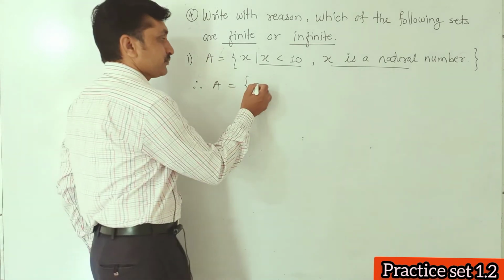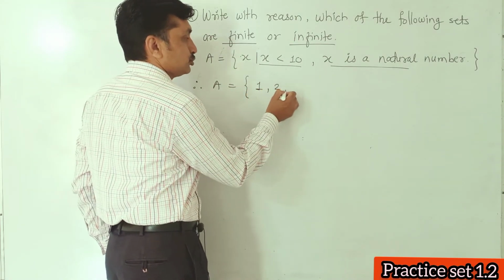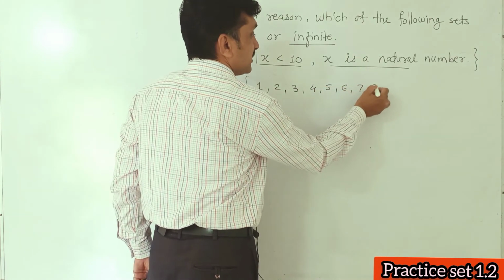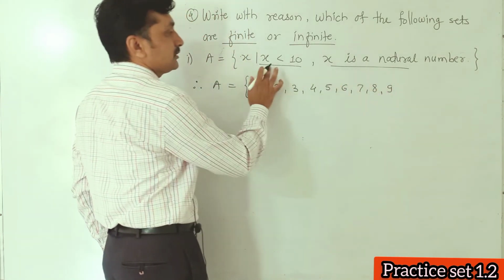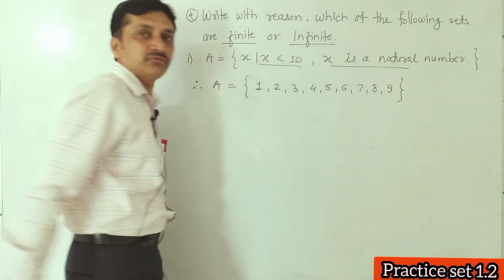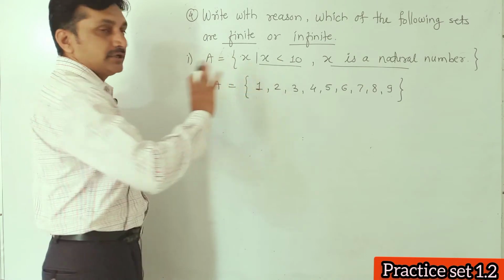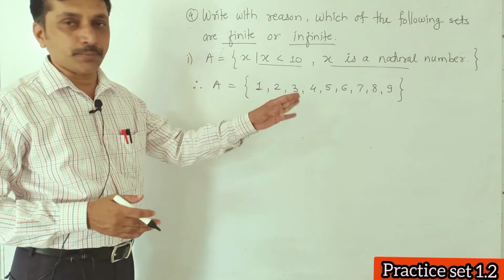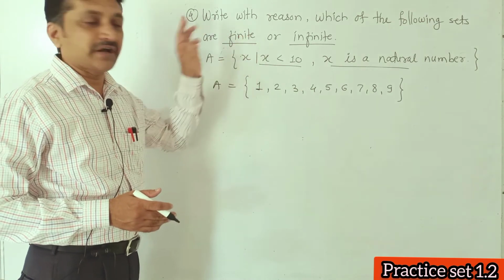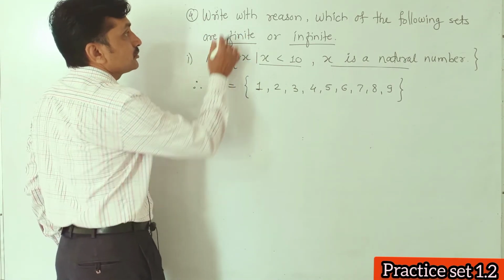Natural numbers start from 1, 2, 3, 4, 5, 6, 7, 8, 9, till 9, because it is said here it is less than 10. That's why at 9 we have to end. It is limited. It is stopped. That's why which type is it? It is a finite set.